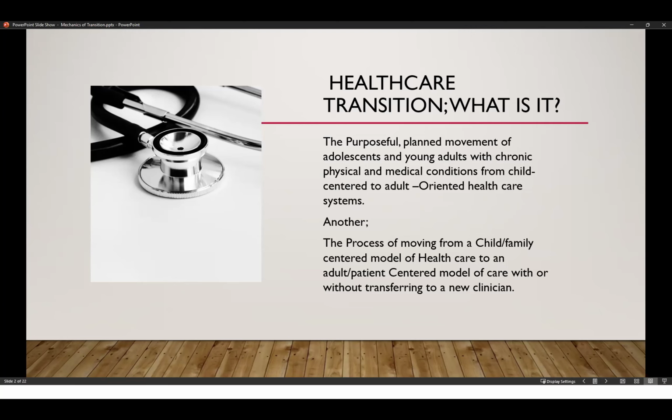The last bit of the second definition, about whether moving or not moving to a new clinician, comes in when a patient is being seen by a primary care provider who is family care oriented, and so they may not need to transfer. But for our purposes, we are going to stick to the first definition. So next slide, please.